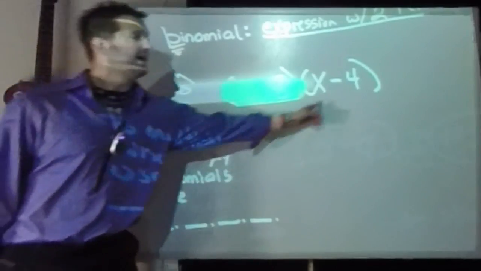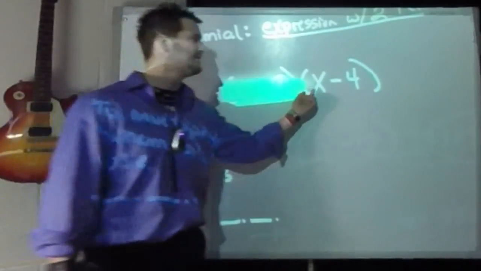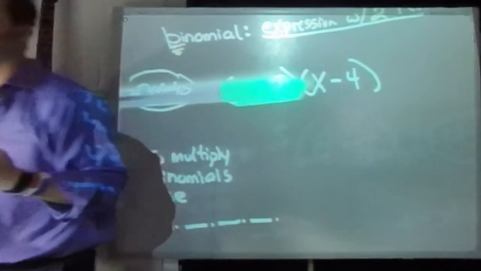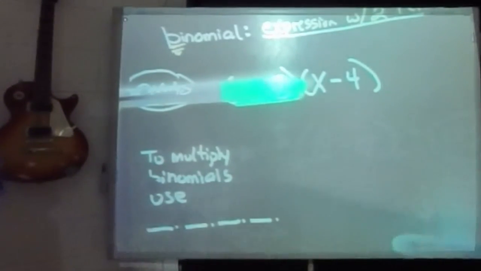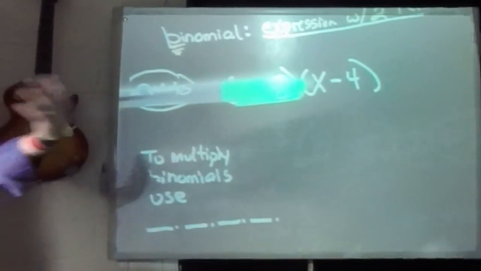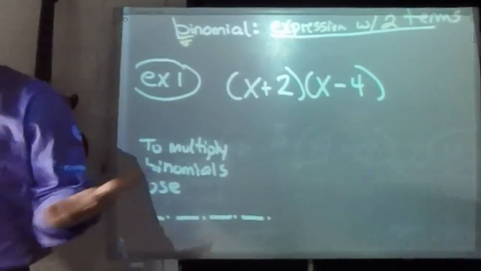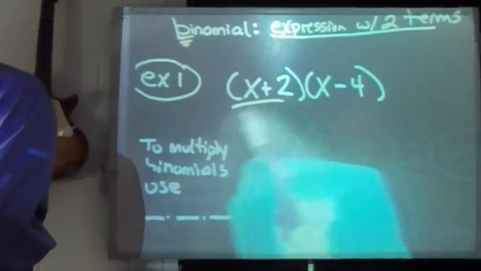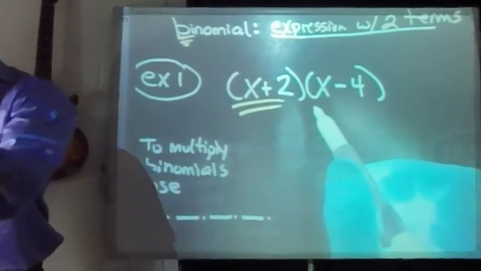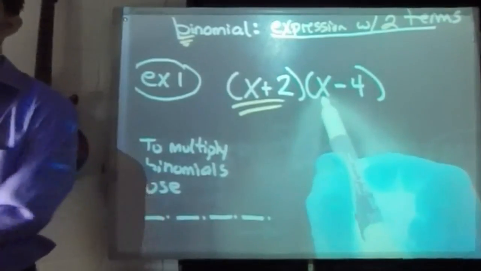And over here in this other parenthesis, x and minus 4, that's another binomial. Just two pieces. We're going to see trinomials, which have three, and once you get bigger than three, they're just called polynomials. Poly is more than one. So bi is 2, tri is 3, and poly is more than 1. That's on a later objective.